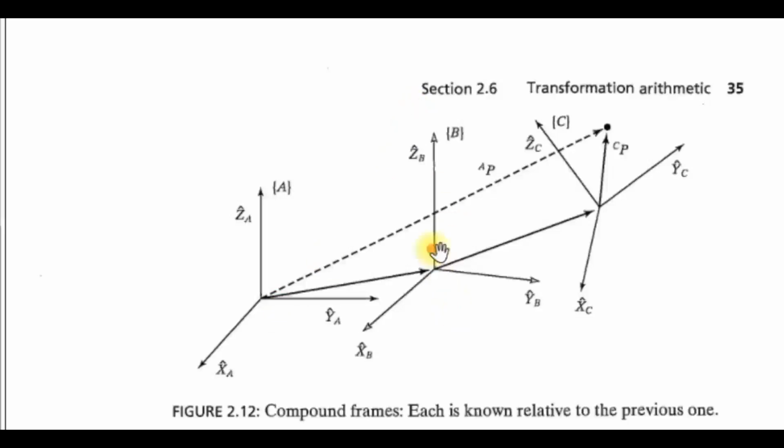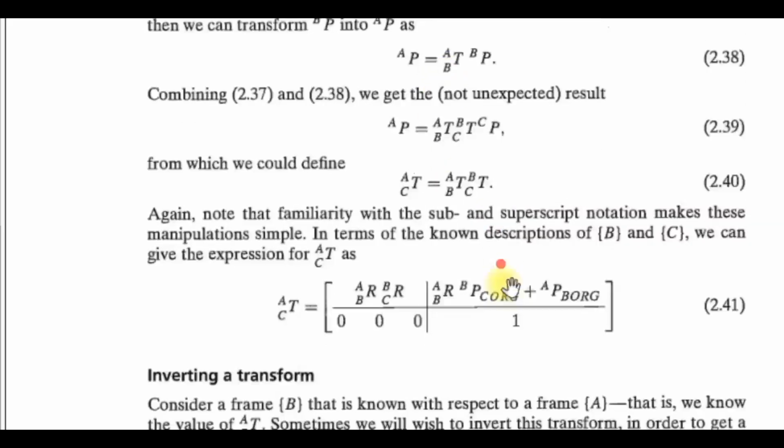Look, because each axis is parallel to each, it means there is no rotation, only translation. So this gives you the translation APBORG, and it is a 3 cross 1 vector. Okay, so it has only 3 rows, and the first row is for x, second for y, and third for z.